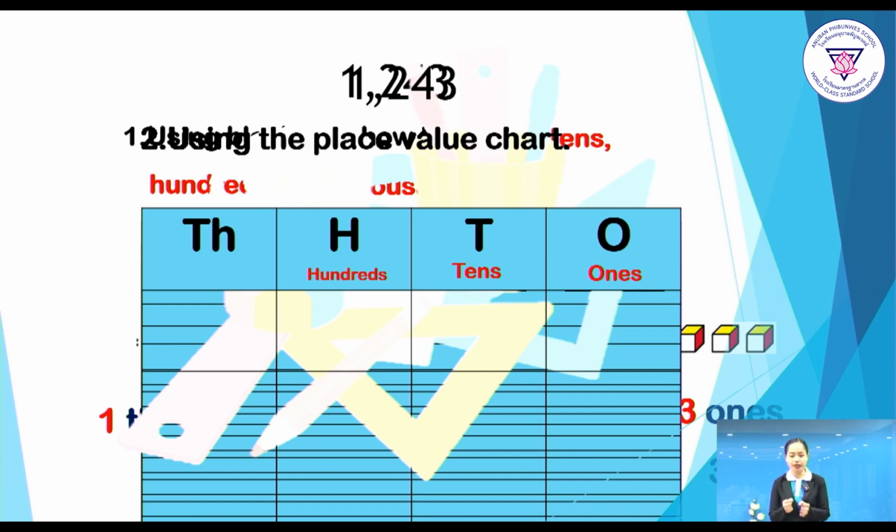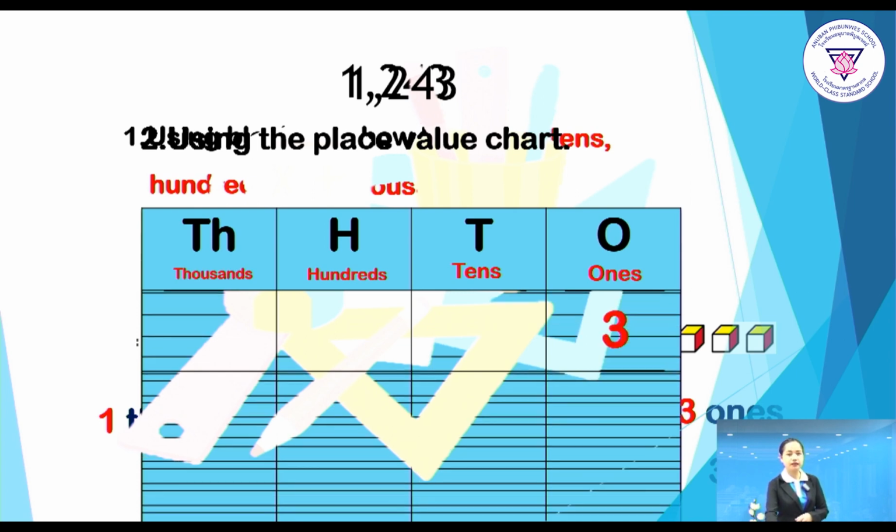If you are going to group this number, 1,243, where can I put number 3? Is it in thousands or in hundreds or in tens? Very good. You're going to put it under ones. And then number 4, you're going to put it under tens.